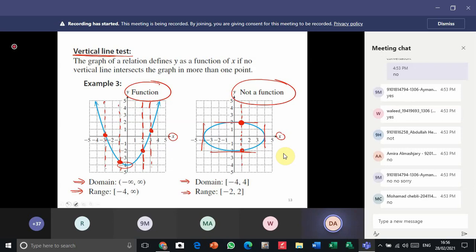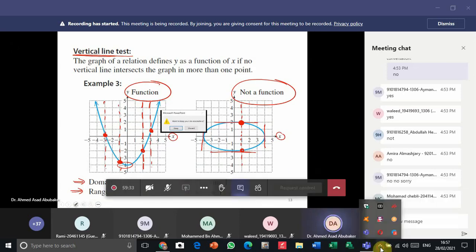Okay, so this is the test. This is a very easy test. Wait, and I put some curves and discuss. Look at this.